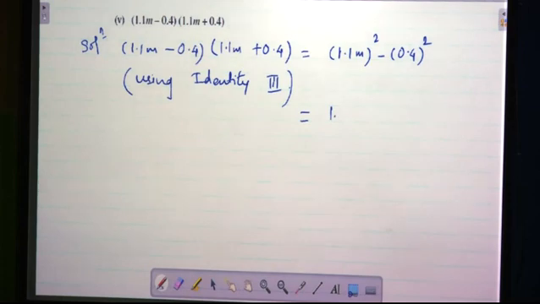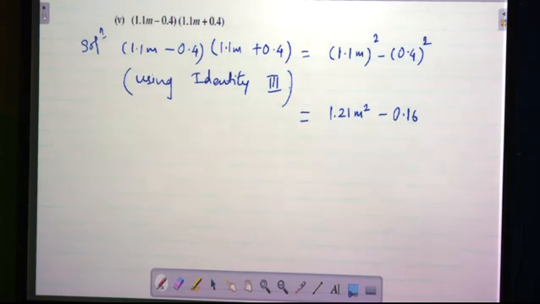So, it is 1.21 m square minus, if it would have been 4 instead of 0.4, it would have been 16. 4 square is 16, but it is 0.4. So, it becomes 0.16, and this is the answer of the fifth sum. The answer is 1.21 m square minus 0.16.